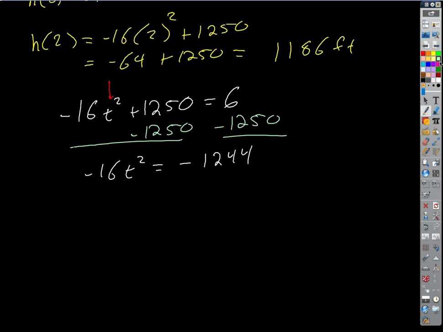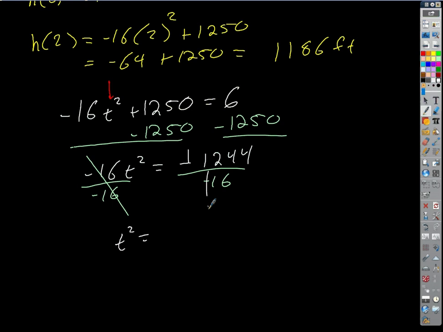Very good. So those cancel, and I'm going to get t squared equals negative over negative is positive, and I can probably reduce that. Let's see, 4 goes into both of those. It doesn't go evenly into the 16, you're right.